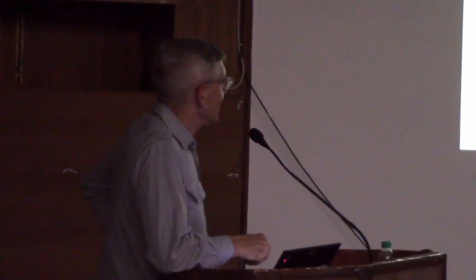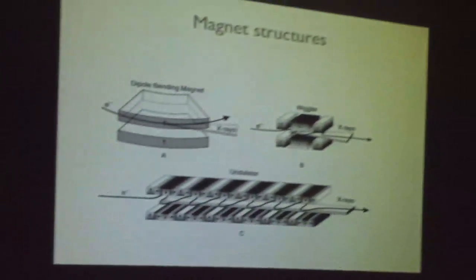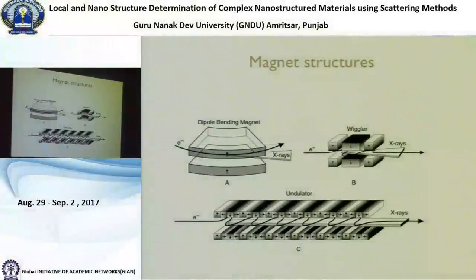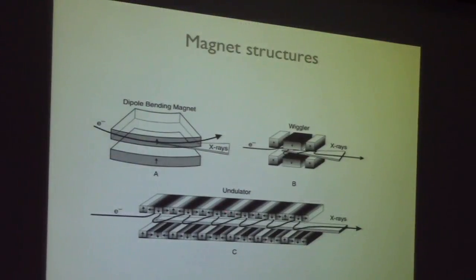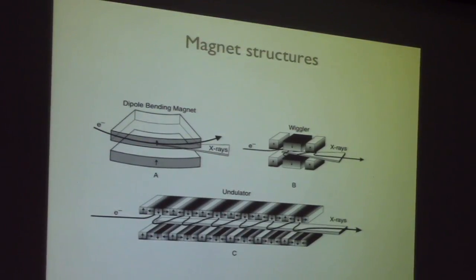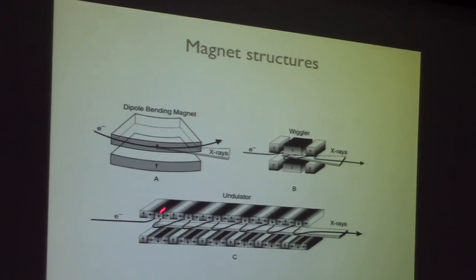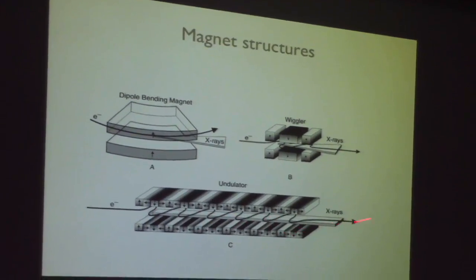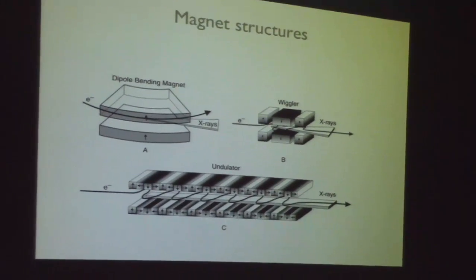And why would you want a gentle wiggle rather than a severe wiggle? You get more X-rays from a severe wiggle. But it turns out that you can actually tune this undulator to act coherently. So actually what you have is an electron beam moving through this undulator at a certain speed.